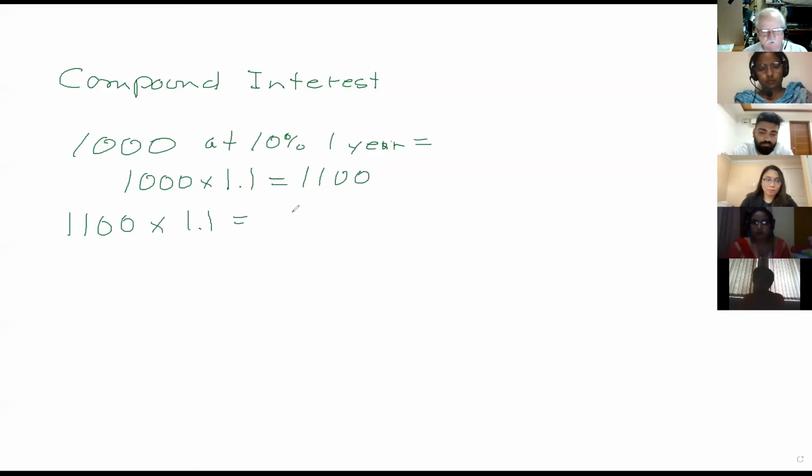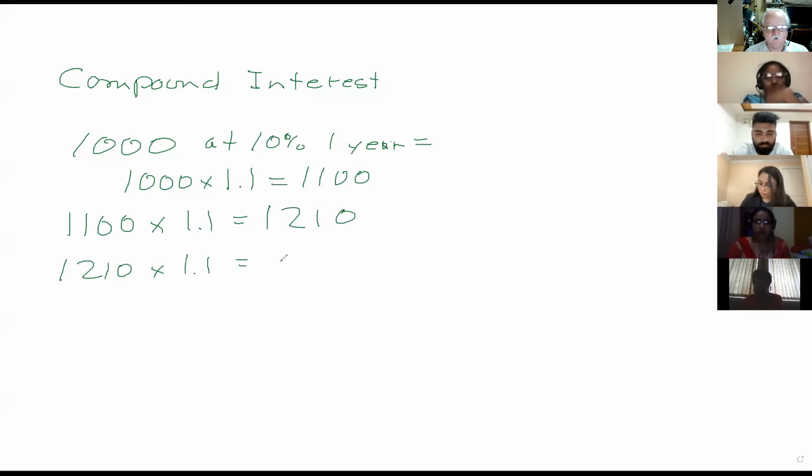And what does that equal? It's now 1,210. So that's after 2 years. And if we reinvested it, 1,210 times 1.1 is 1,331.